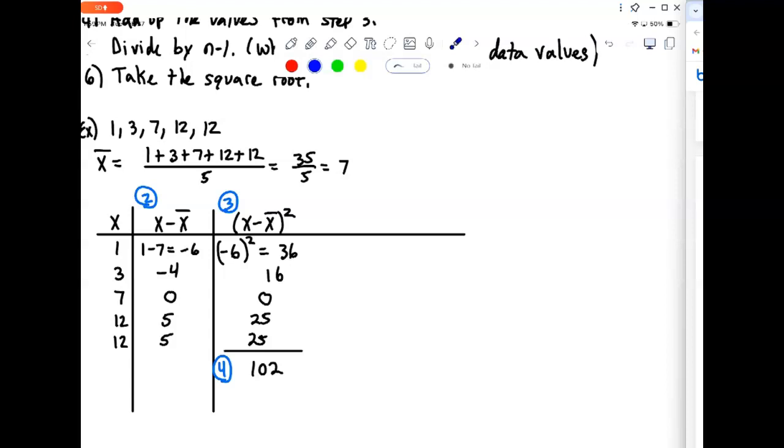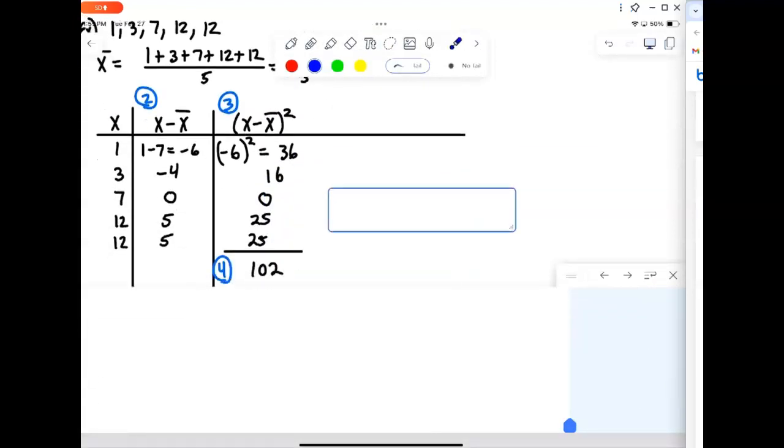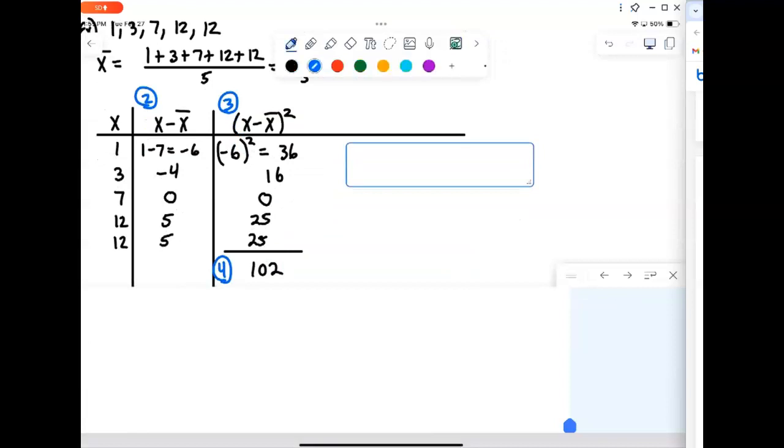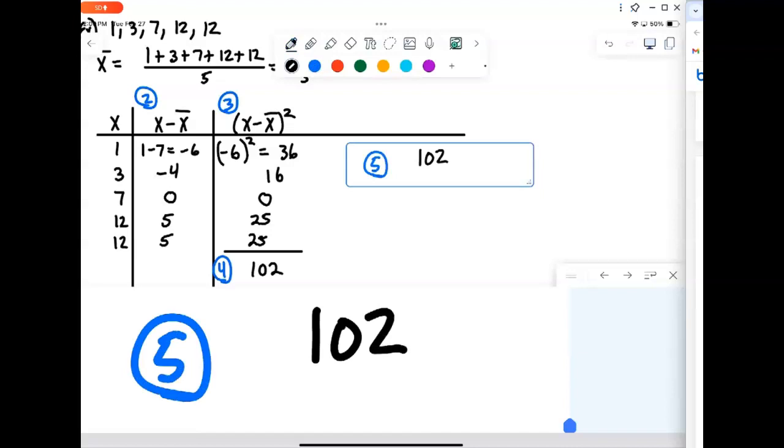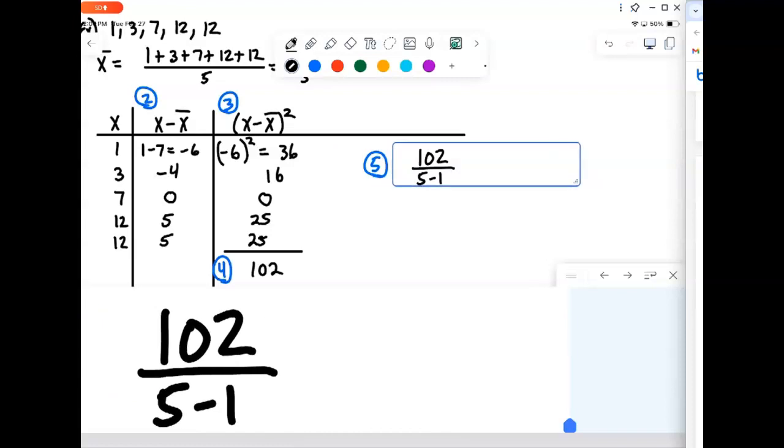We had 5 data values here, so we're going to take that answer, 102, and divide it by the number of data values minus 1. In other words, we're going to divide by 4. And when we do that division, we will get 25.5.